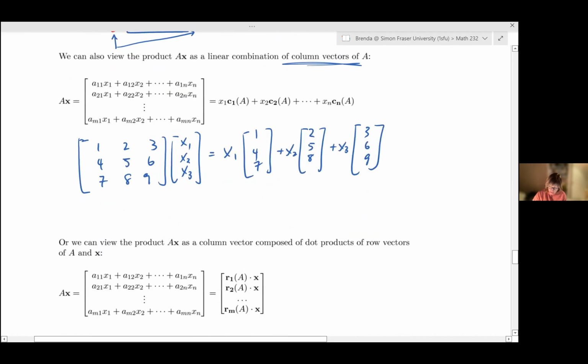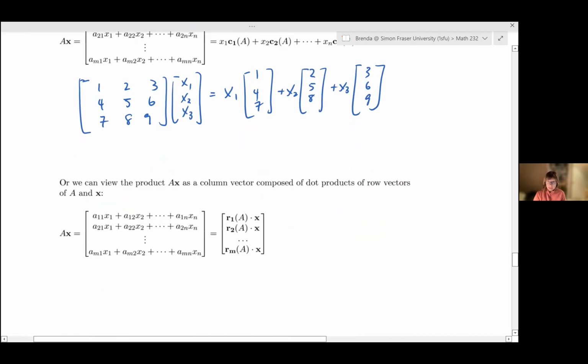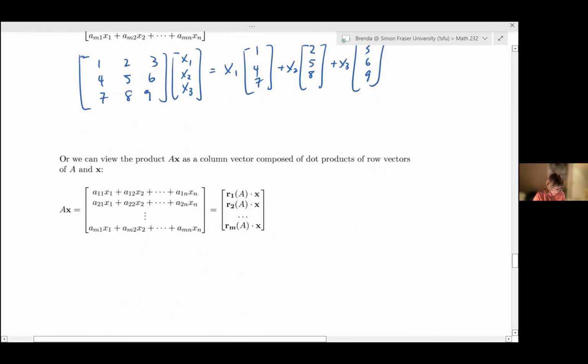Okay, I used the dot product explanation when I was doing it right from the definition, but this is just written out explicitly. We see that A times X is the first row of A dot product with X, and then the next entry in the column vector that results is the second row of A taking dot product with X, and so on.